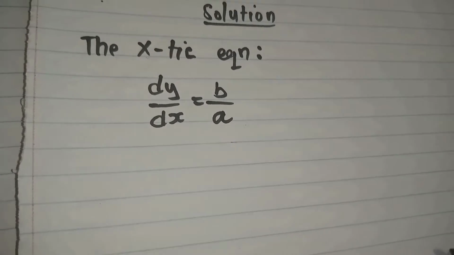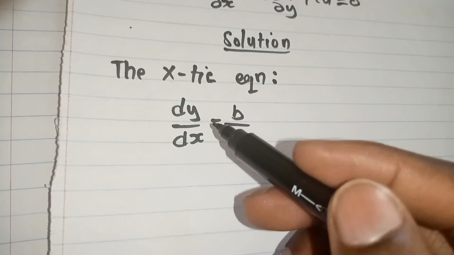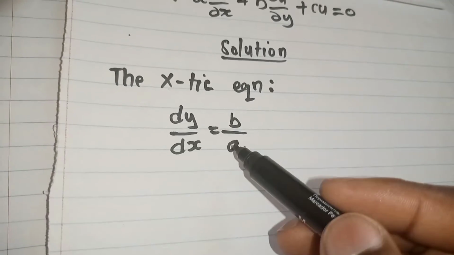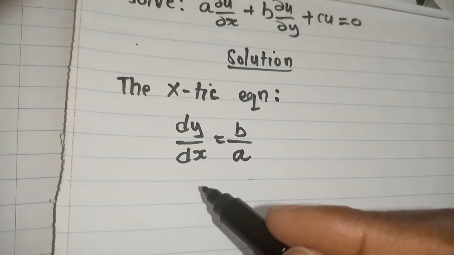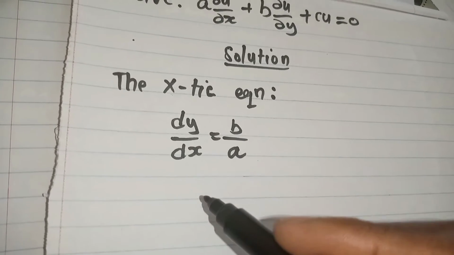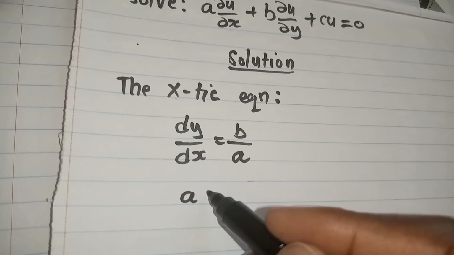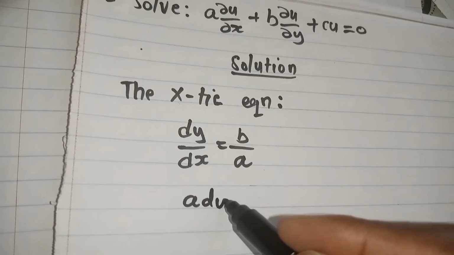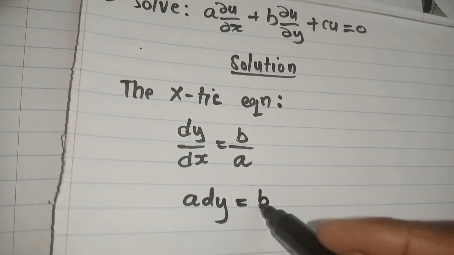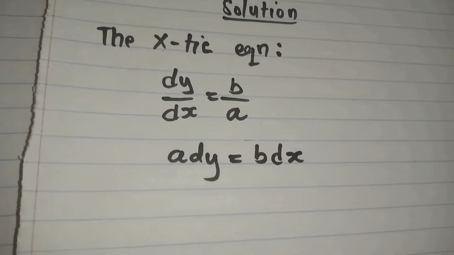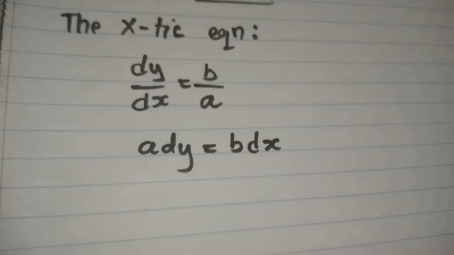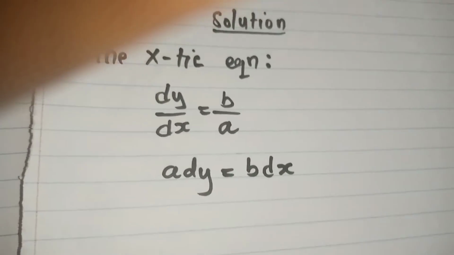And then the next thing, now we cross multiply. So we are going to have a multiplied by dy, so I'm going to have a dy is equal to b dx.